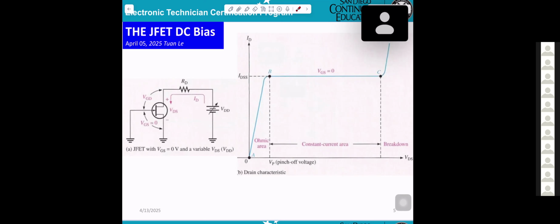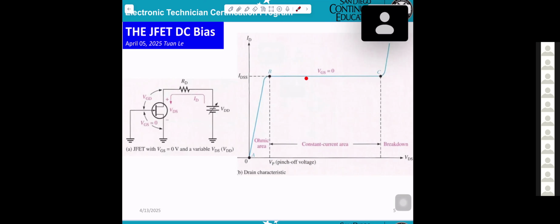Make sure if ID equals IDSS, that means VGS equal 0. That's an important thing. And the current ID equals IDSS at the beginning with the VP. VP we call pinch-off voltage.